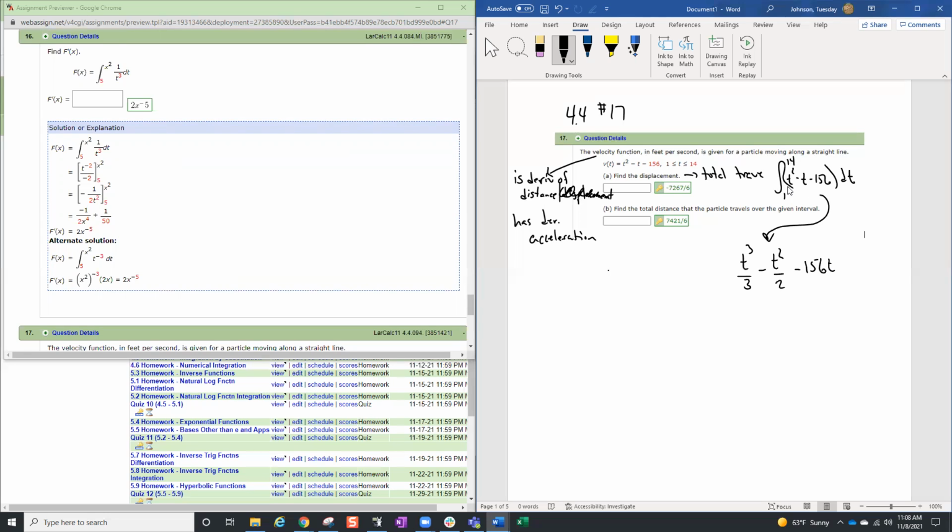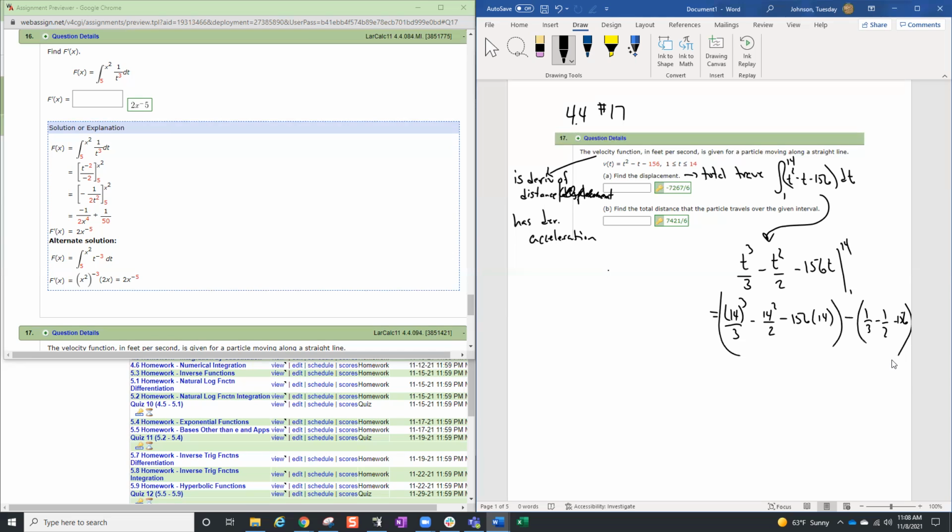Since this is a definite integral, we evaluate from 1 to 14. So we'll do 14 to the third over 3 minus 14 squared over 2 minus 156 times 14, minus everything with a 1. But 1 to any power is just 1, so I'm going to write the easy answers here.